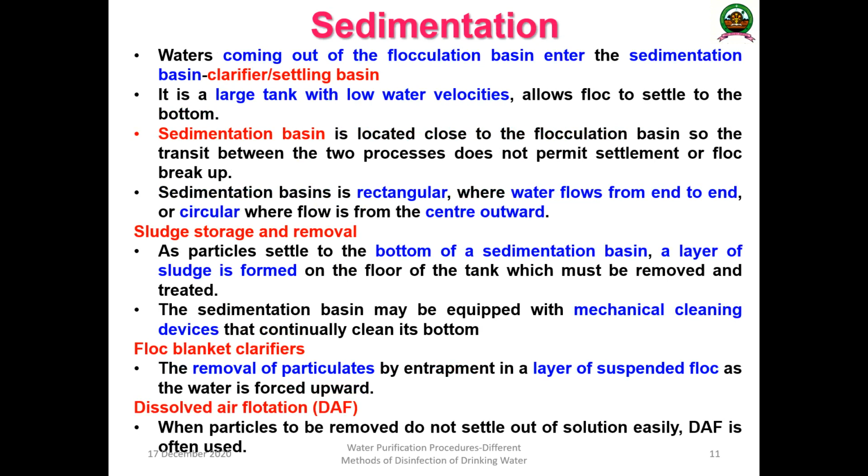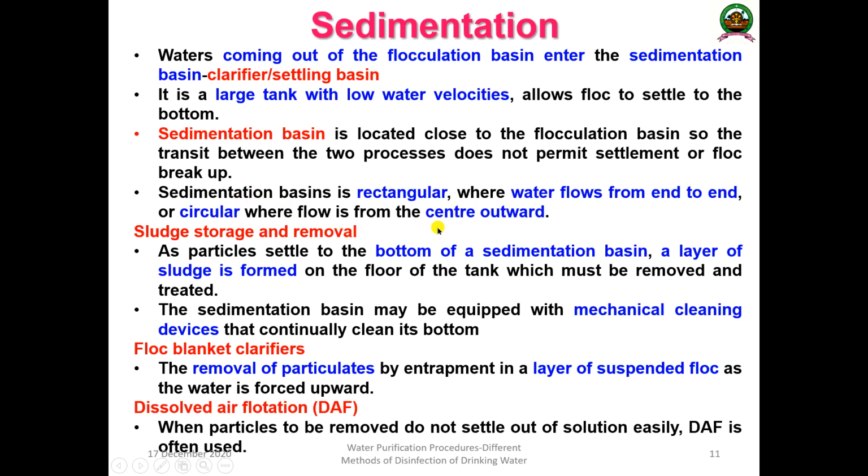So generally the flocculation tanks and sedimentation tanks are located very close to each other. Due to that, the water transit between these two tanks can be controlled and will not permit settlement or floc breakup. Once the flocs reach the sedimentation tank, they will settle at the bottom. The sedimentation basin is either rectangular, where water flows from end to end, or circular, where it flows from the center outward.